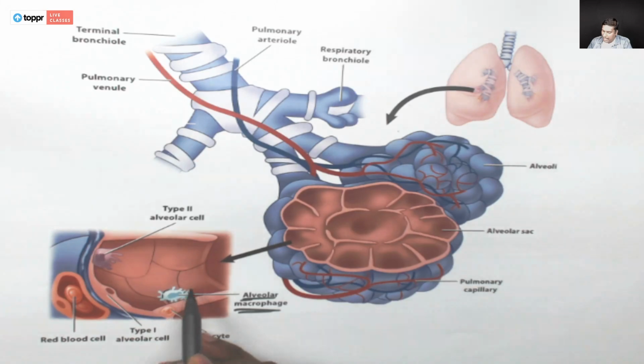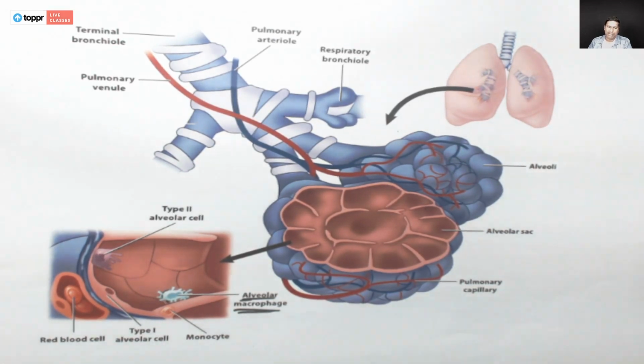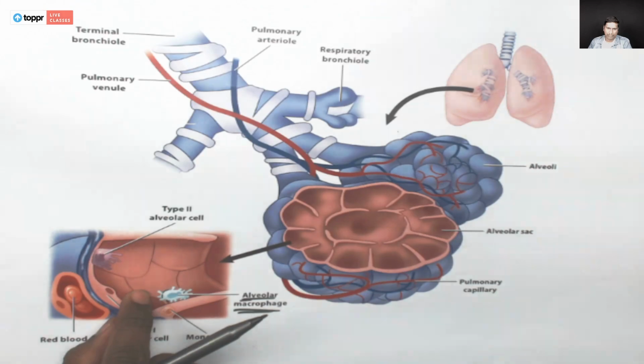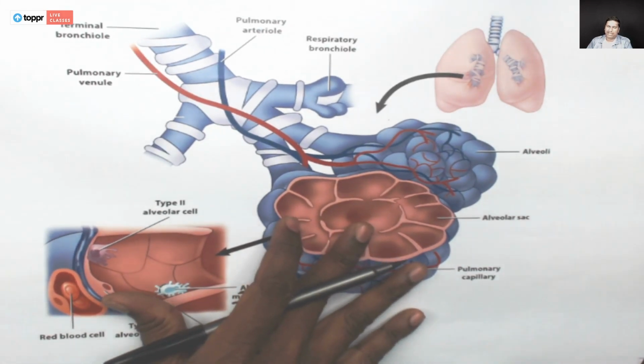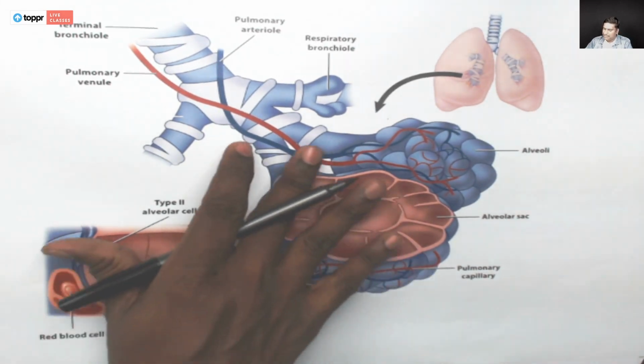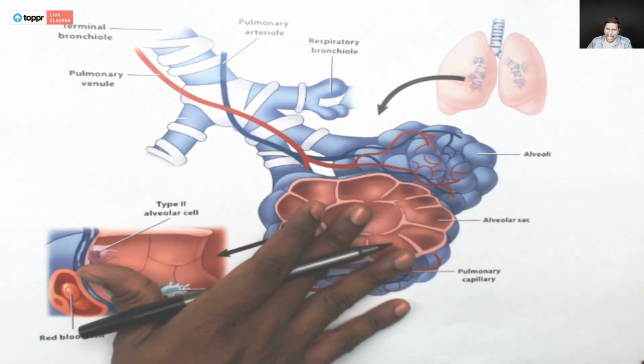You have alveolar macrophages sitting there, which will trap them and kill them. Okay, these are phagocytic cells. They'll simply engulf them and kill them. So you have protection at various levels, and that is what you have to understand about the alveoli.